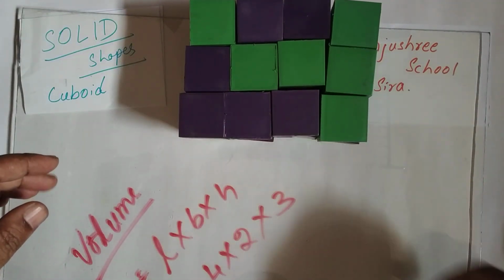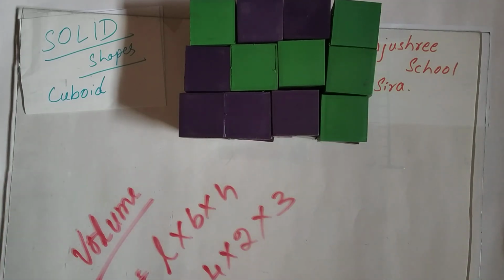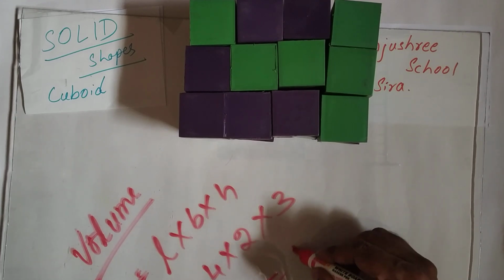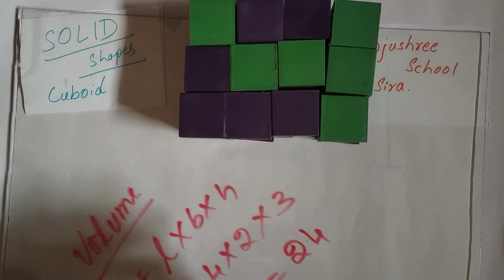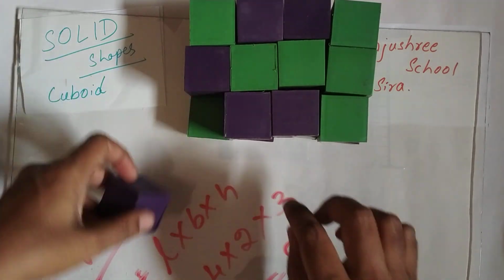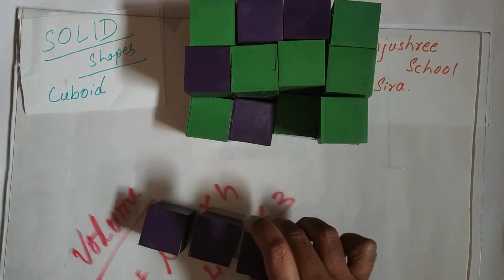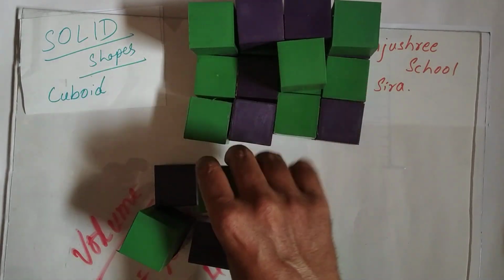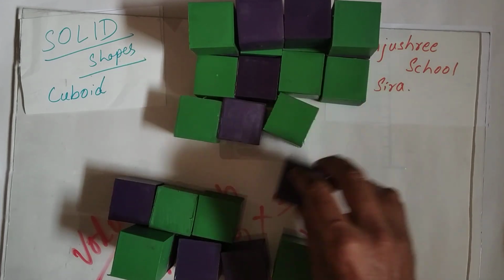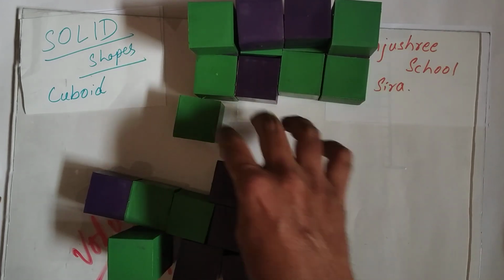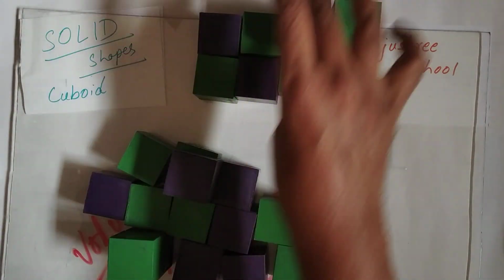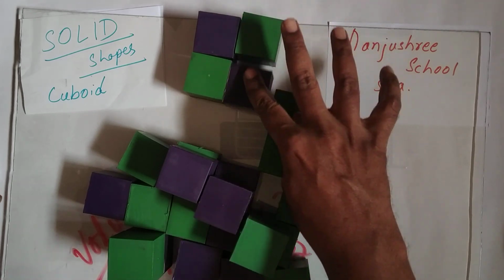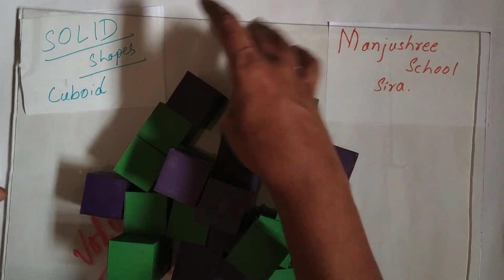Okay, then how many cubic units is it going to be? When you calculate this, 4 2s are 8, 8 3s are 24. Now you can count the cubes here: 1, 2, 3, up to 24.